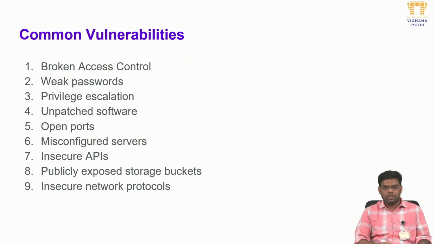Fourth is unpatched software. Next is open ports, then misconfigured servers, and insecure APIs. Next is publicly exposed storage buckets, and so on. These are the common vulnerabilities in cybersecurity.